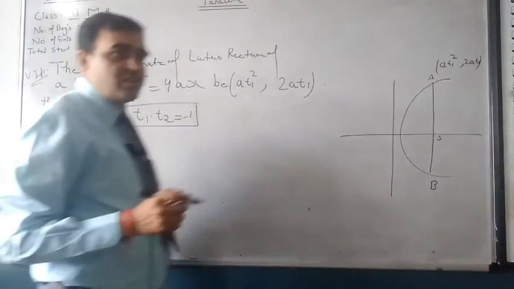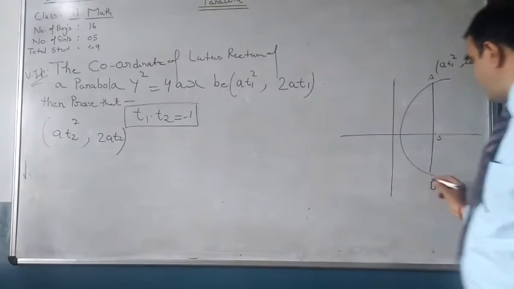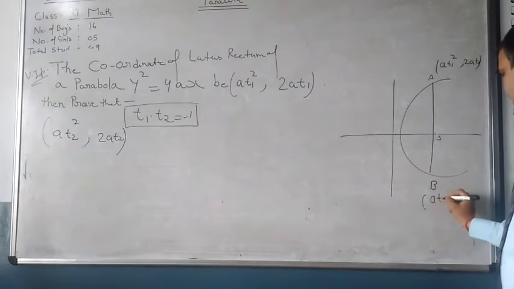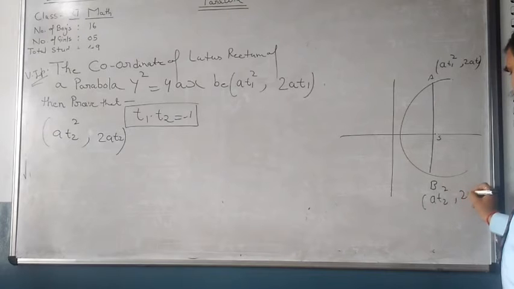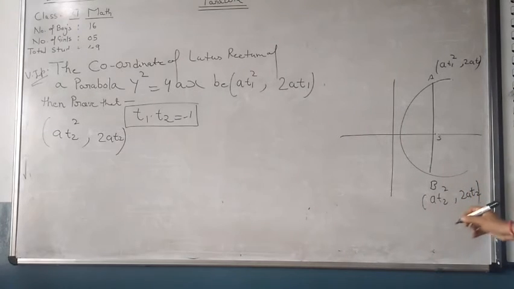It is given in your question. Whenever we take the coordinates, let us assume, always we will take a t1 square and 2a t1 for A, and for B always a t2 square comma 2a t2.